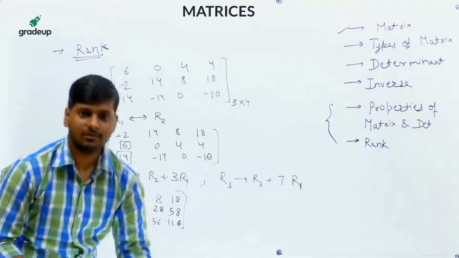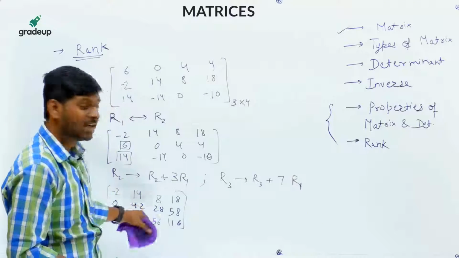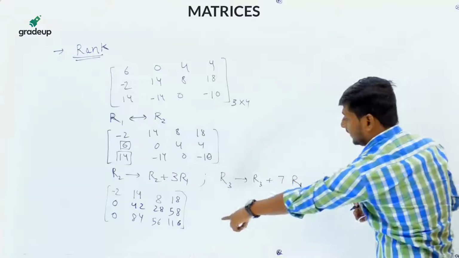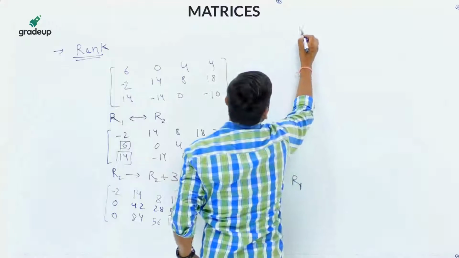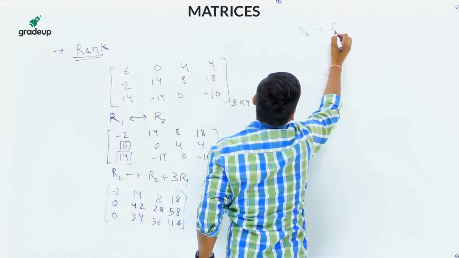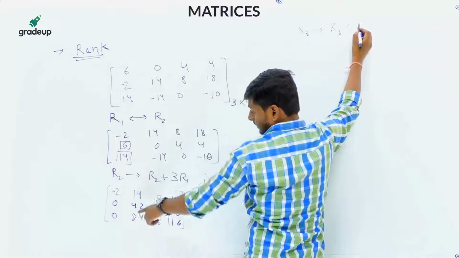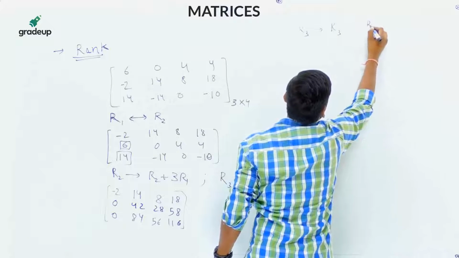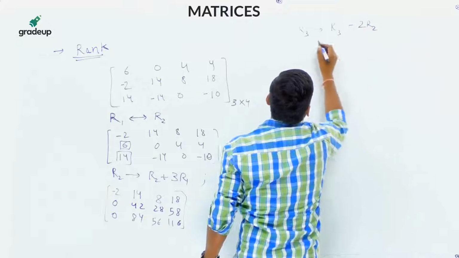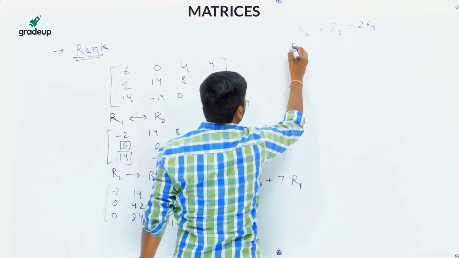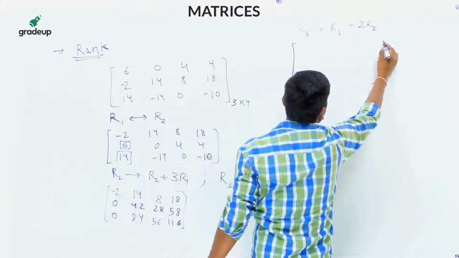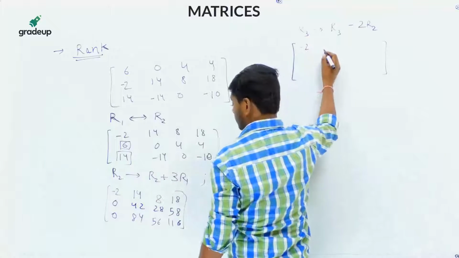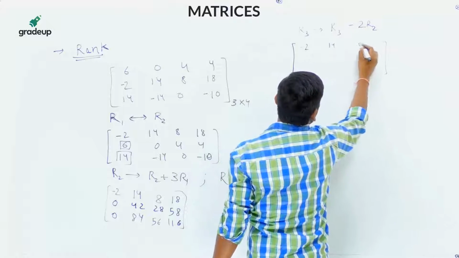Now we can see that the R3 row is just double of the R2 row. So we will apply the operation R3 is R3 minus 2R2. So the matrix will be: R1 row as it is, minus 2, 14, 8, 18.